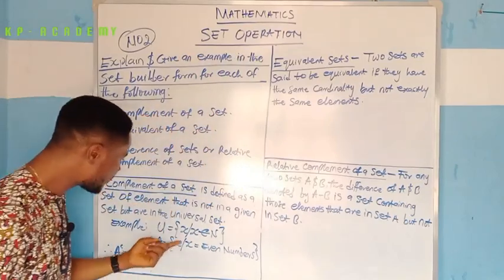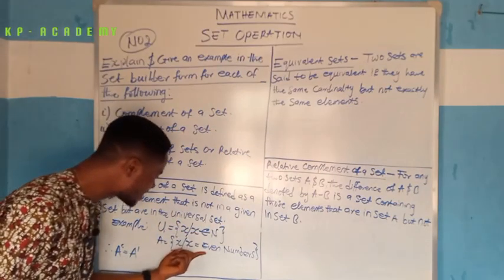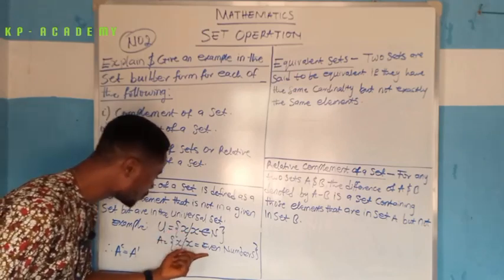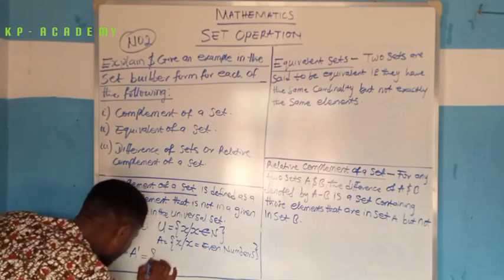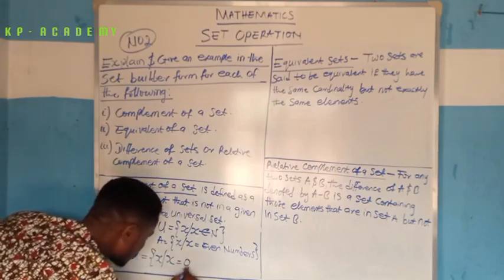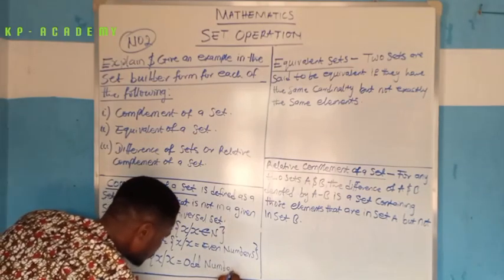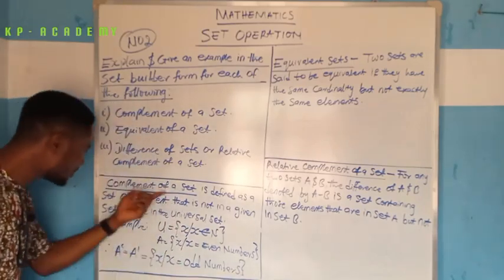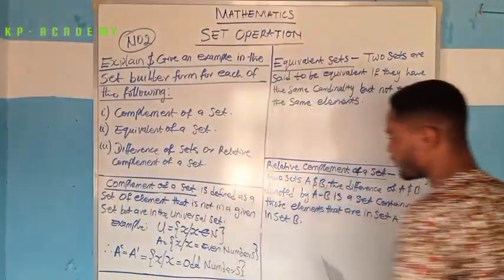Now, if I want to write out the elements that are in here but are not here, it means that I'm going to write out only the odd numbers, and I'm going to avoid the even numbers. Therefore, A complement is going to be the set of X such that X is what? Odd numbers. All right, so this is the example of the complement of a set in set builder method. Please take that down, very, very important.